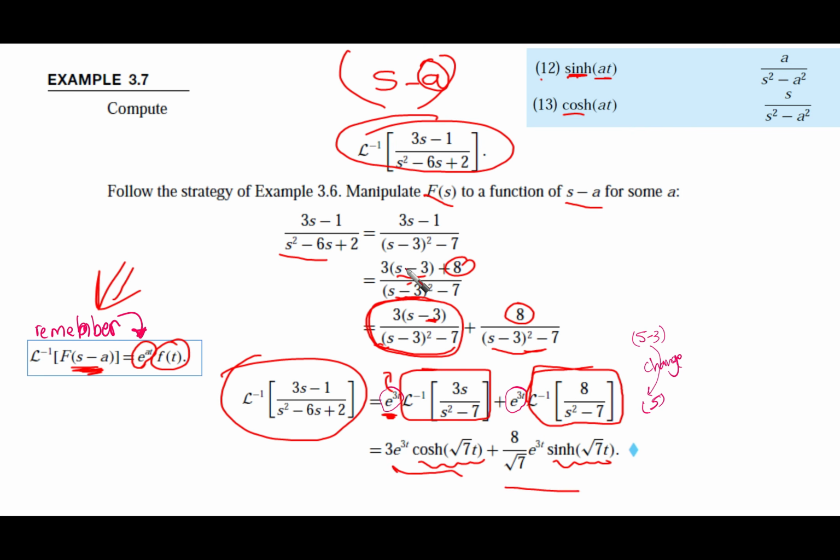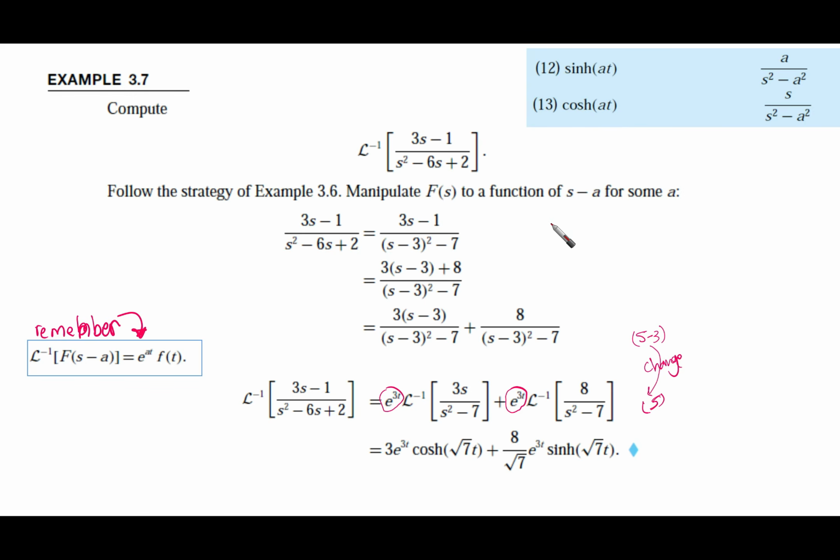Okay, again, what I have done is step number one: manipulate the numerator and denominator to be something that we can have a shift in it. So here we said s minus 3, and in the numerator we put s minus 3. That's very nice. After that, we decomposed it into two terms so that it will be easier for us to use the table and find the inverse for them.